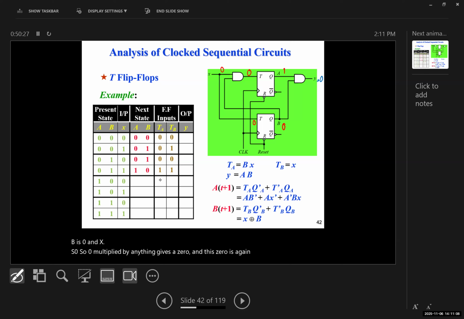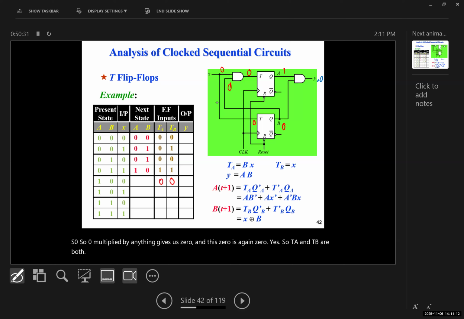Yes. So TA and TB are both 0. Now, if they are 0, what happens to A and B? They remain the same, so it's going to be 1 and 0. And 1 times 0, again, Y would be 0. Now, the next row. So 1, 0, 0, 0.